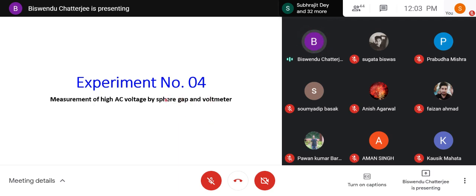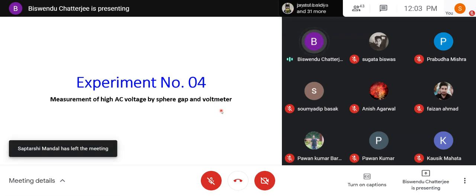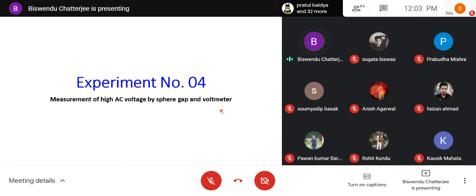So this will be as a standard, and the voltmeter will be a test instrument. Similarly, what we have done in the electrical engineering lab at first year, the 2 meters were there. One was the standard, another was the test meter.